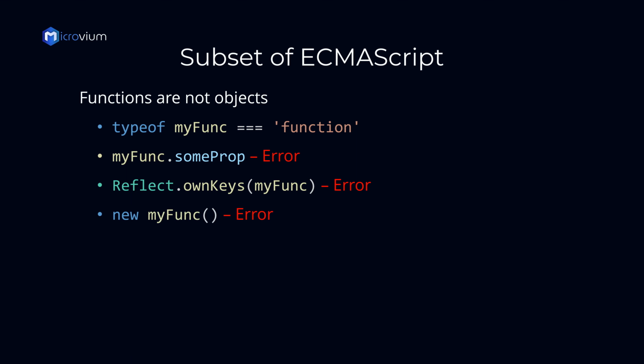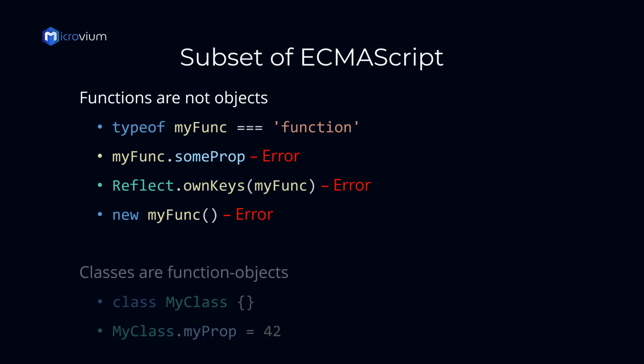And you can't use new on an arbitrary function, in part because otherwise you would be able to observe the absence of the prototype property. The caveat to this is that classes declared with ES6 class syntax are both functions and objects, so you can set properties on them. Doing so makes classes more expensive, but as a user, you only pay for that overhead when you explicitly declare a class.